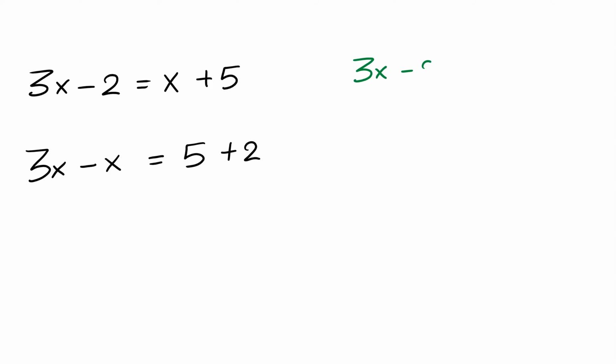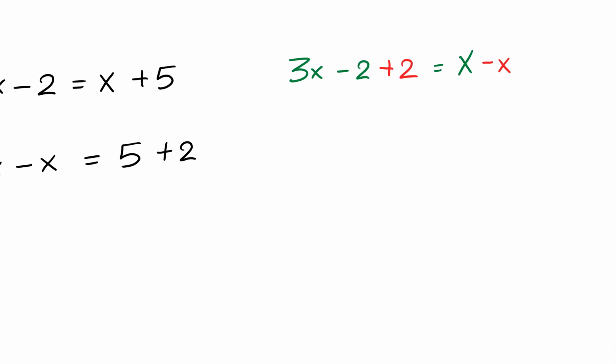If I have 3x minus 2, we're adding 2 over here. I'll put equals x, we're subtracting x over here, plus 5, right? Because we're subtracting x over here, we must subtract x on this side as well.